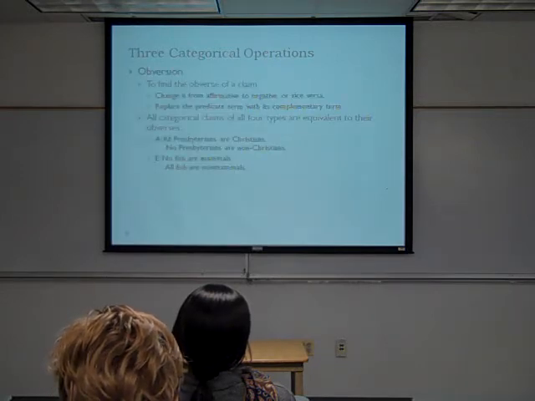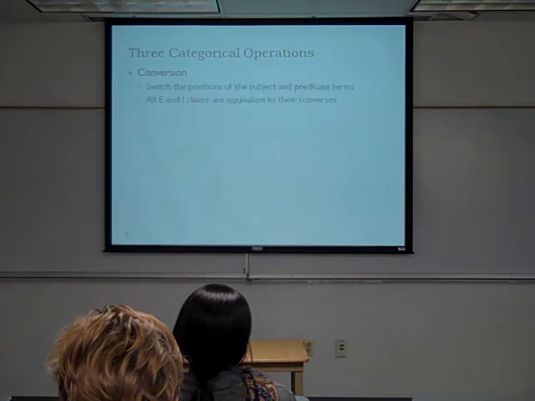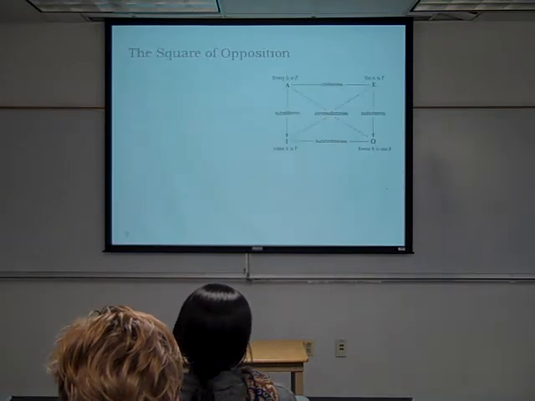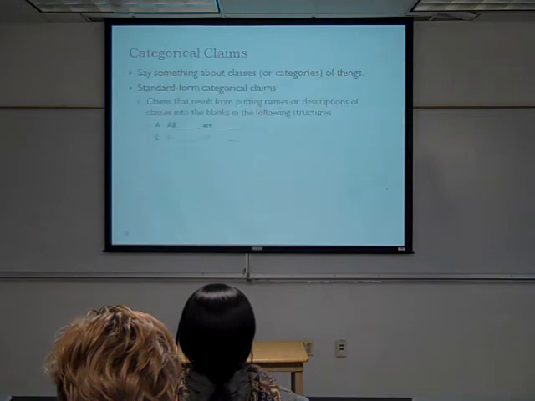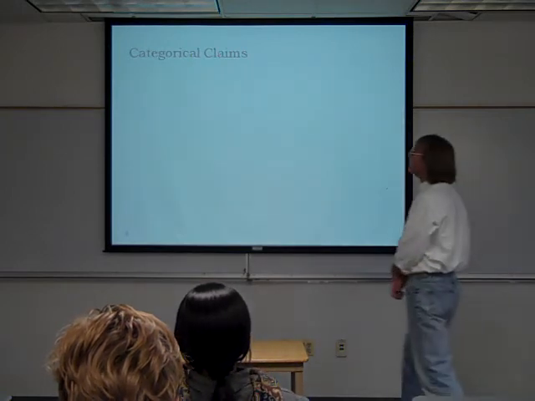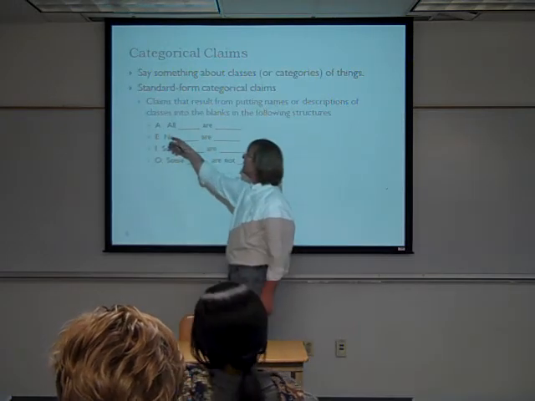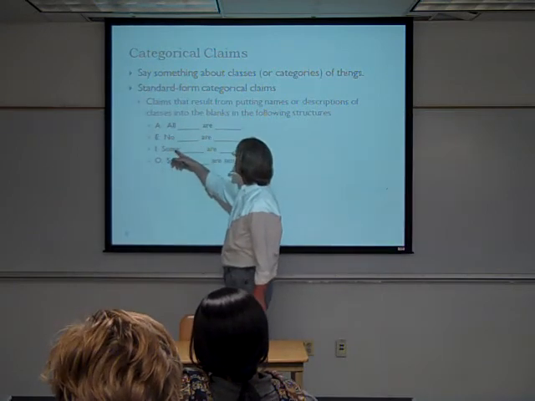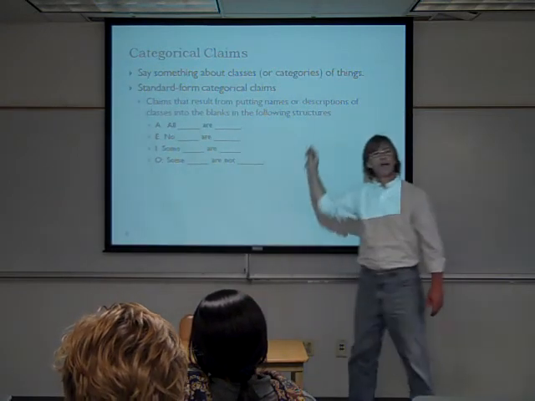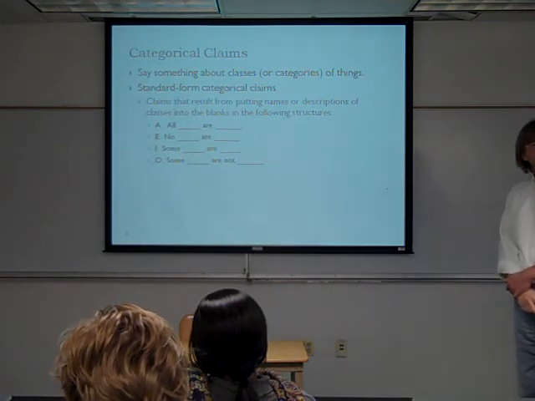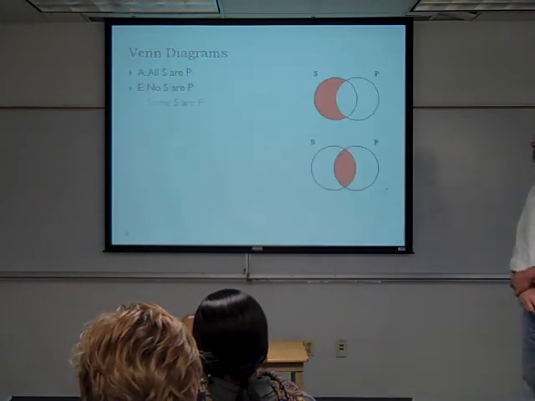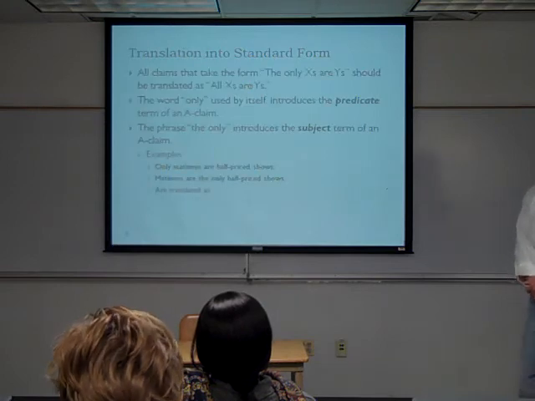So in the converse, it's going to be different. It's E and I claims. So that's going to be the right-hand side of the square for the converse. Okay, but for the contraposition it's only A and O. Different. Okay. Any other questions?